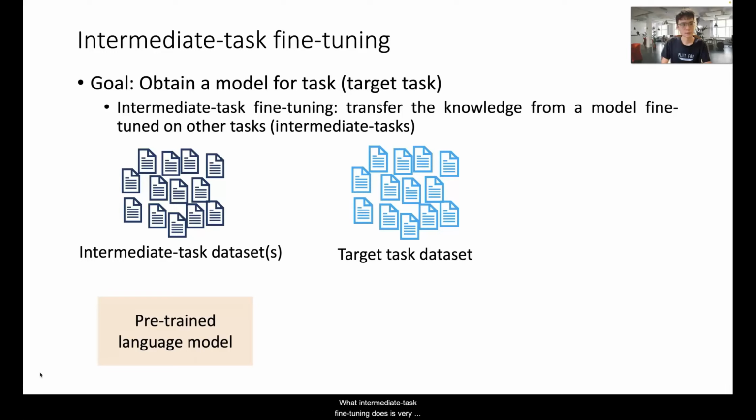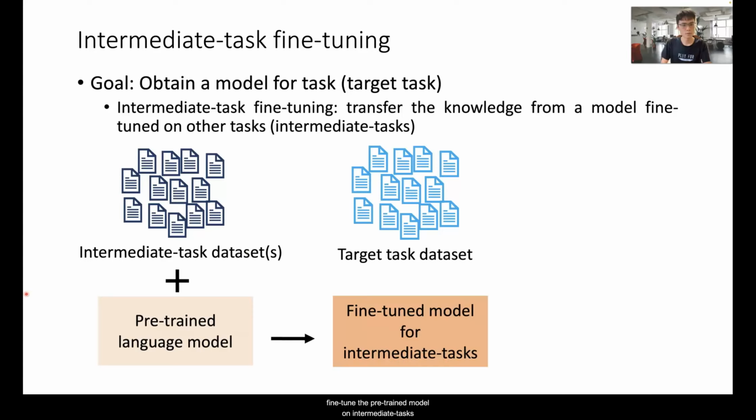What intermediate task fine-tuning does is very straightforward. First, fine-tune the model for the intermediate task, as we usually do. This is called intermediate task fine-tuning.